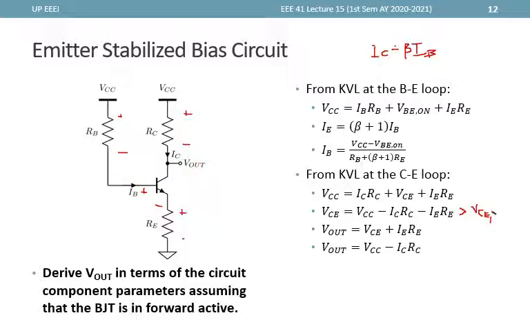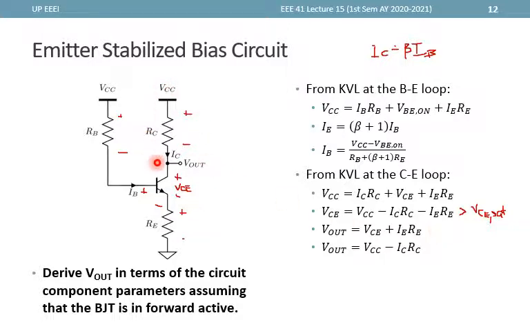However, note that for this circuit, VCE is not anymore V out, since V out is with respect to ground. So actually, V out from here to here is VCE plus IERE.